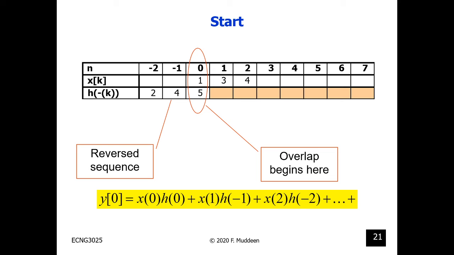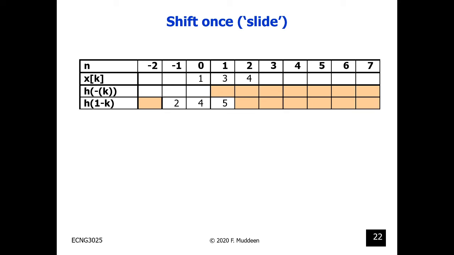In solving for y of 0, all we care about is where the overlap occurs. So we just multiply the two values there, and because it's 1 and 5, we just end up getting 5. We then shift the x of minus k signal once to the right. In this case, this would be where we had our h of 1 minus k. We do the same thing as we did before, where we observe where the overlap occurs.